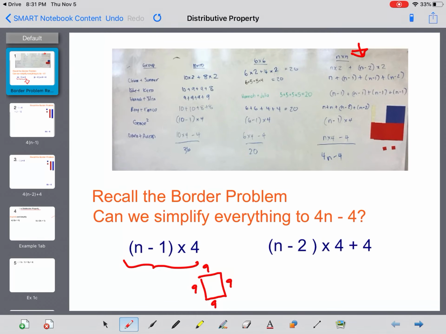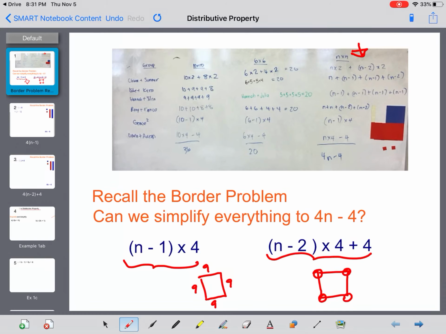And then another representation that you came up with was that we take the number of tiles on each side, subtract 2, to make up for that double counting, because all of these corners belong to two different sides.